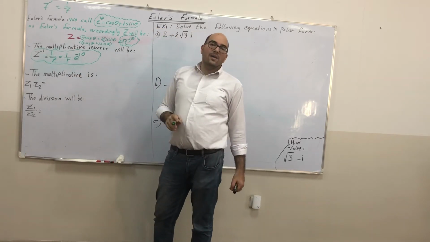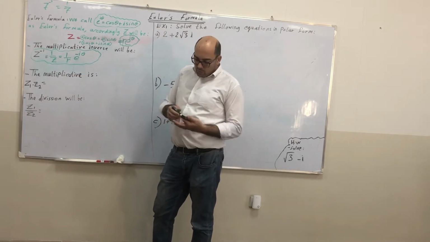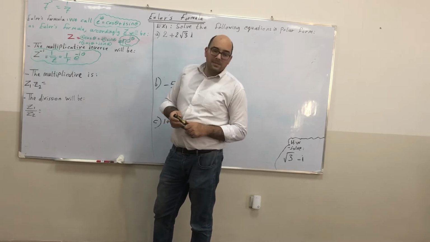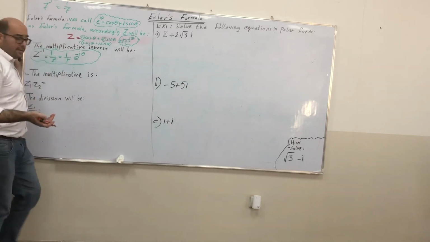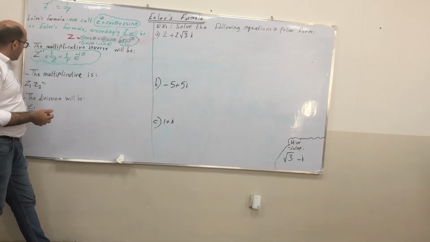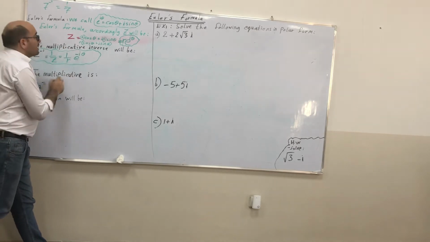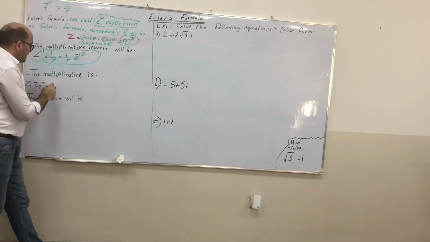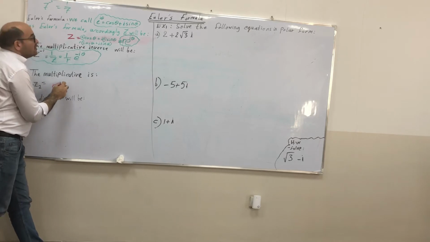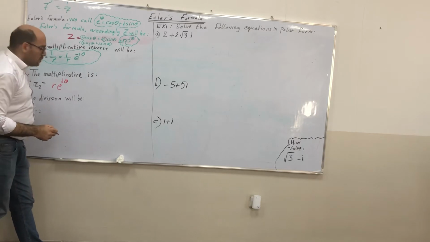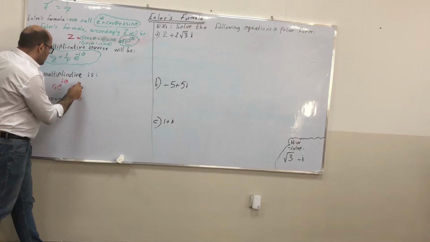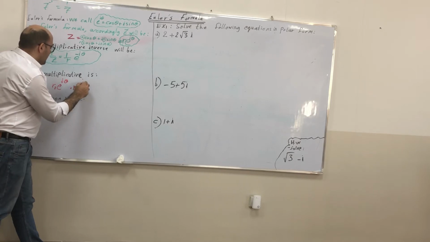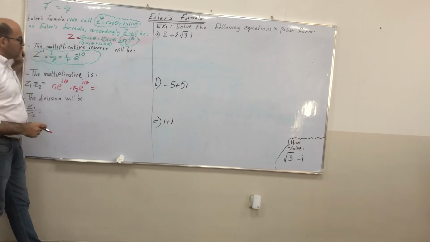Now let me go to multiplication. Suppose I have z1 and z2. I want to multiply z1 times z2. What is the result going to be? As you know, z1 is, from here, in the simplest form, r1 e to the power of i theta 1, times z2. What is z2? It's r2 times e to the power of i theta 2. So what will the result be?